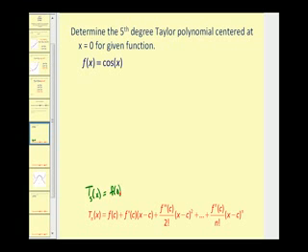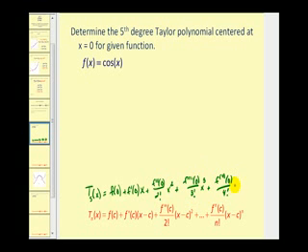So we're going to have f of 0 plus f prime of 0 times x minus c, but again c is 0, so we'll have times x, plus the second derivative evaluated at 0 divided by 2 factorial times x minus 0 squared, or just x squared, plus now we'll have the third derivative evaluated at 0 divided by 3 factorial times x to the third, plus the fourth derivative evaluated at 0 divided by 4 factorial times x to the fourth, and then finally plus the fifth derivative evaluated at 0 divided by 5 factorial times x to the fifth.